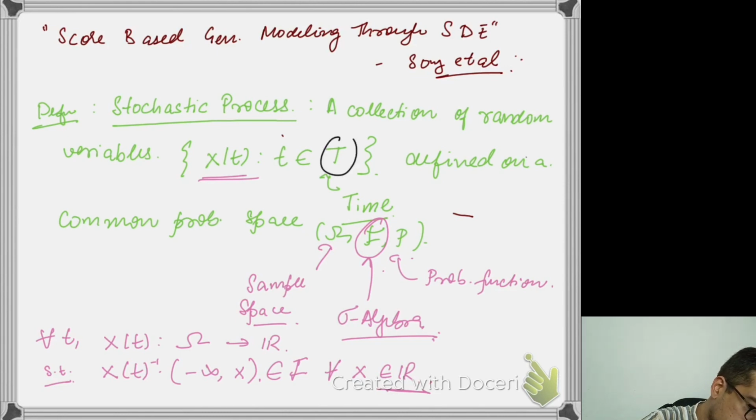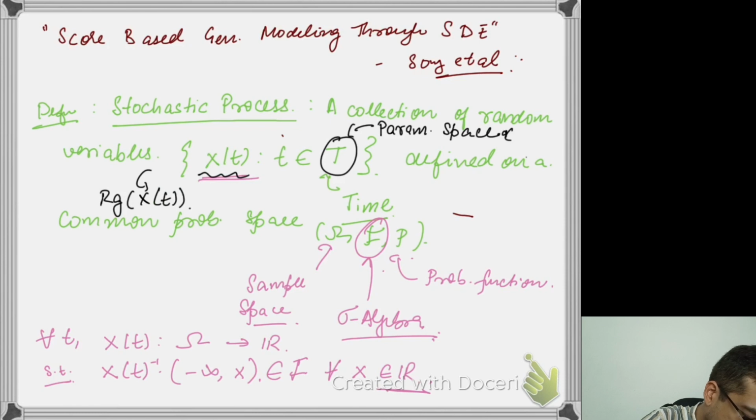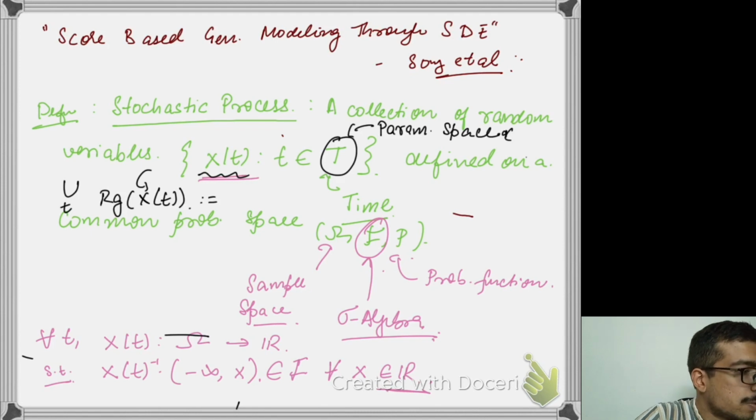And the union over all t of the range of Xt is called the state space.